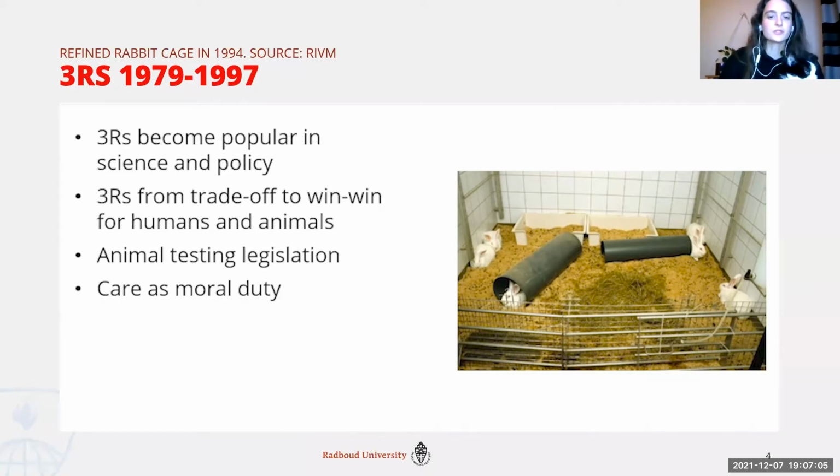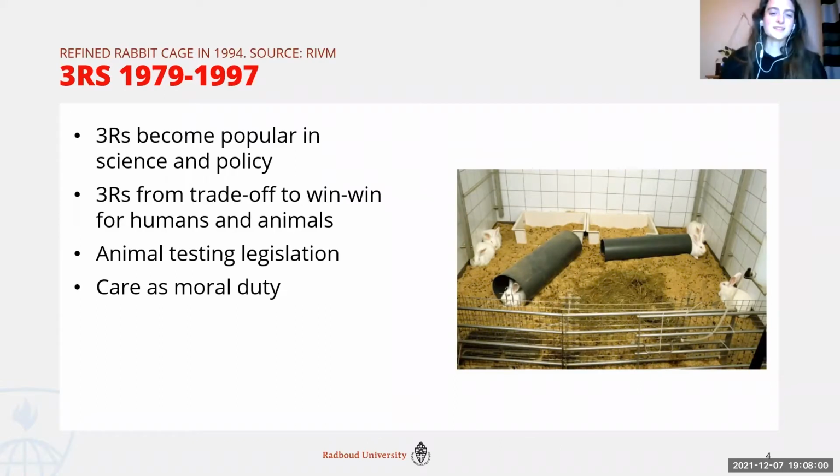In the previous slide, you saw an image of a rabbit cage from 1950, and then at the same institute in 1994, you can see the difference. You can also see that this is no longer about just preventing diseases, but the idea of care broadens to include welfare, also just feeling good, having social relations, social housing, having something to do.